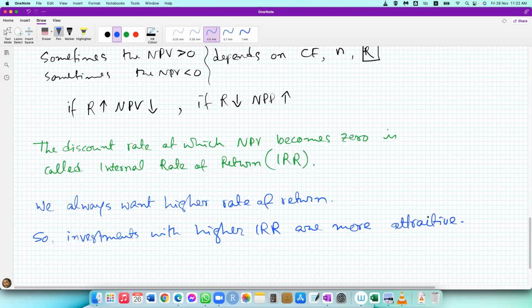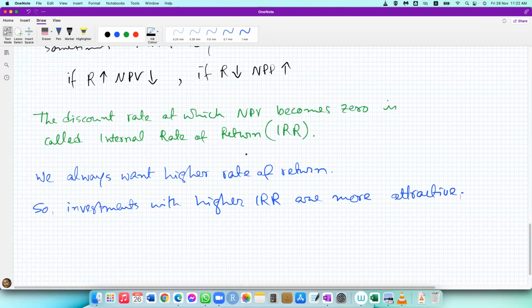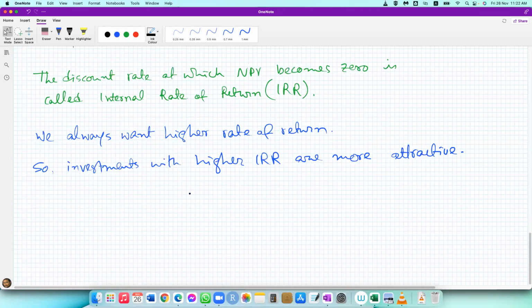Investments with higher internal rate of return are more attractive. So if we somehow can calculate the IRR, then we can rank the projects. The project with a greater IRR will have more acceptability, and the projects with lower IRR will have less acceptability.